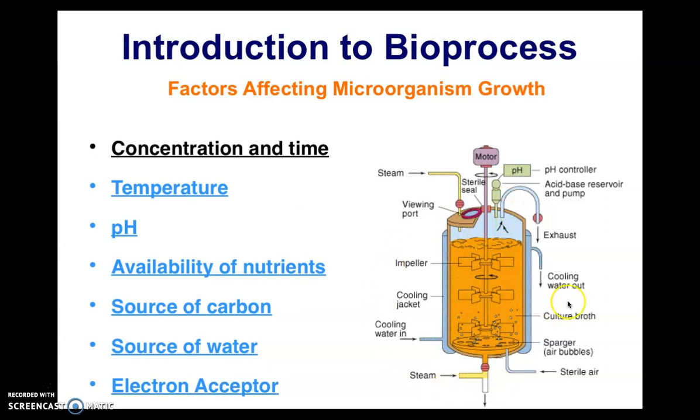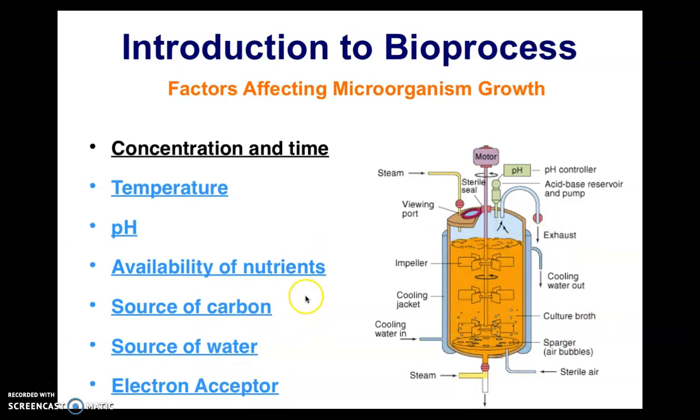As you see in this figure, this is actually a bioreactor. In order for you to optimize the performance of the bioreactor, these are the factors that need to be considered: the concentration and time, temperature, pH, the availability of nutrients that you're giving into the bioreactor, the source of carbon, source of water, and electron acceptors.